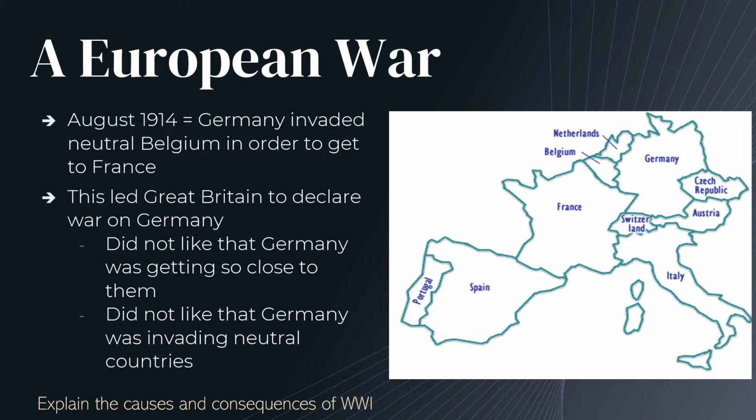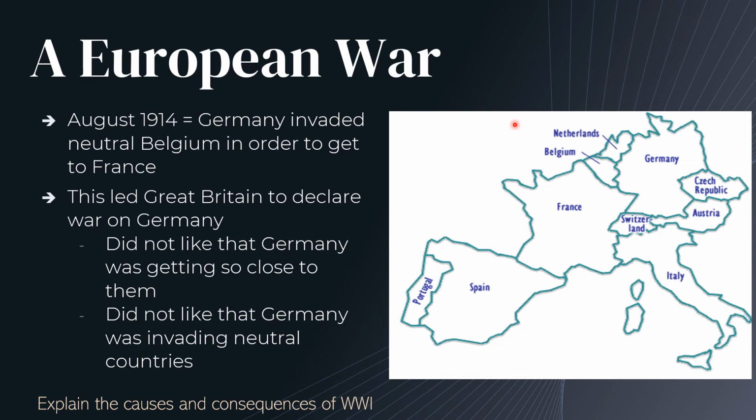Germany then goes and invades Belgium. So if we see Germany right here, they go in, they invade Belgium, who's not really doing anything but minding their own business. But that's to get to France because they can't get through over here. So they go through Belgium. And when this happens, Great Britain, who is not on this map, but is actually right up here, says, I don't think so.